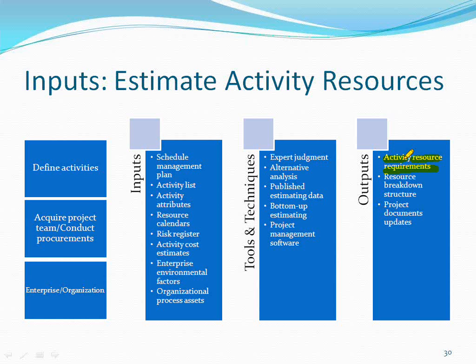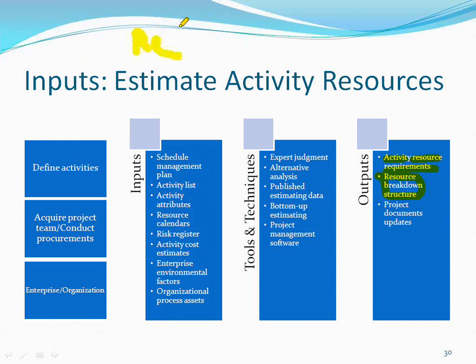And you can make an RBS. RBS is resource breakdown structure. A resource breakdown structure is like an org breakdown structure. It's a hierarchical representation of resources by category and type. So what are the resources required for this project?